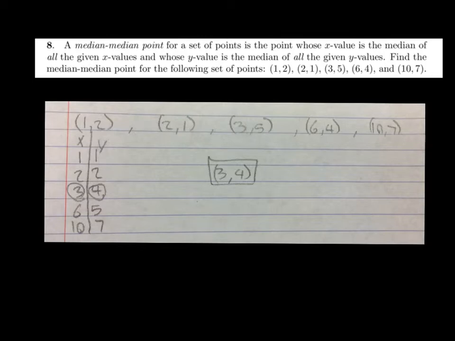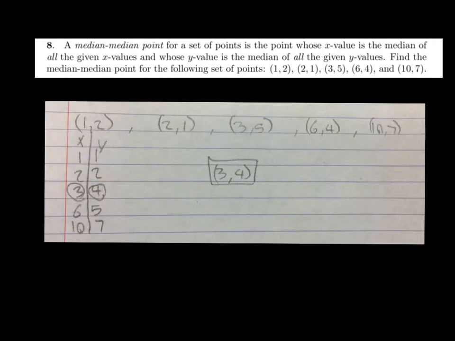We took the points that were given and put them in, what's it called? A table. And we put them in order since you're finding the median and you want to find the middle. So this is the table right here.